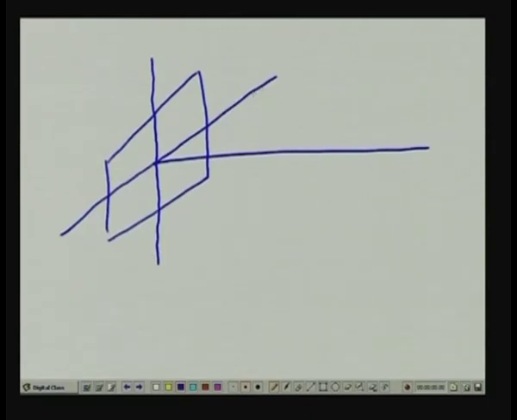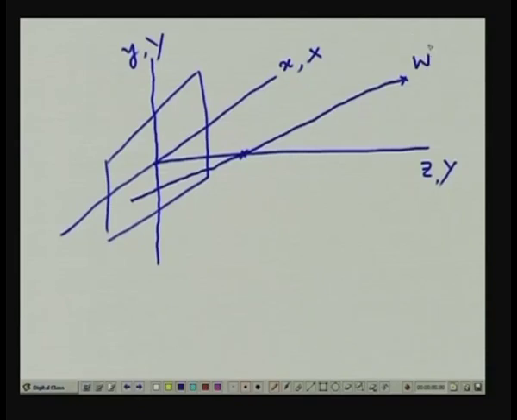So, we had this x same as capital X, we had this y same as capital Y, we had this z same as capital Z, and this is the origin of both the coordinate systems, and we had somewhere here the optical center of the lens. Now, if I take some image point here, and draw a line passing through this image point and the camera optical center, the world point W comes somewhere at this location.